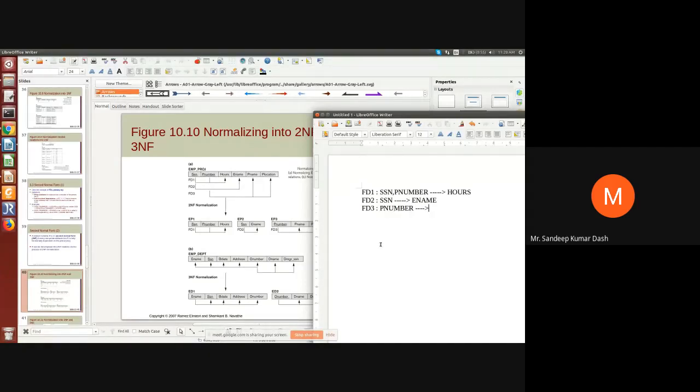These 3 are the functional dependencies given for this relation. You can represent them in terms of this figure also. Now, before going on to 2NF, you have to say that this conforms to 1NF. So tell me whether this is in 1NF or not. How to know it?